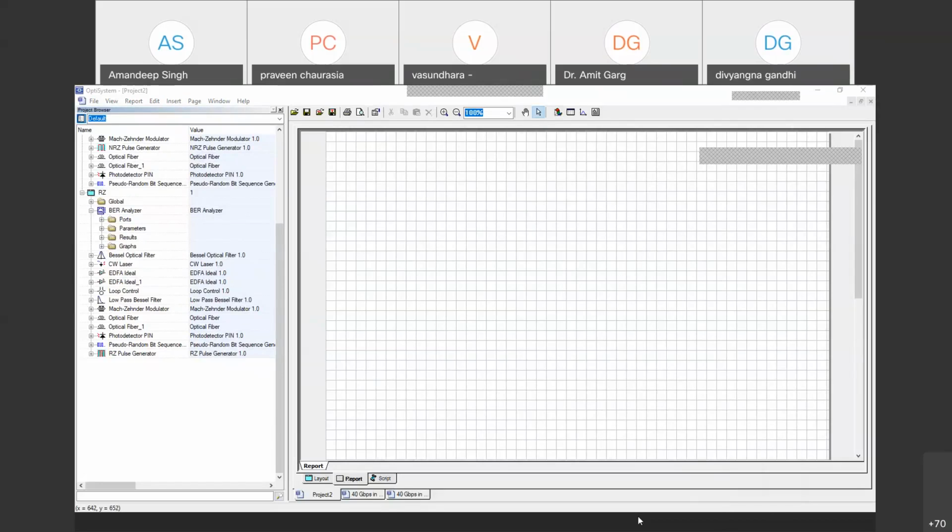Could you tell me the version you are using, OptiSystem? I don't remember the version, 5 to 6 years back. That must be version 7, a cracked 7 version. Okay, so I recommend you download that from the OptiWave website. At least for 30 days, you can evaluate it. Okay. Any other question?